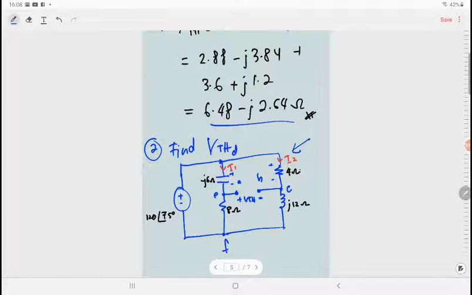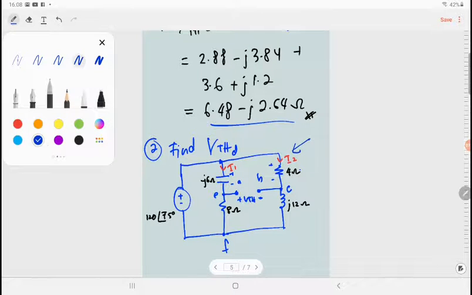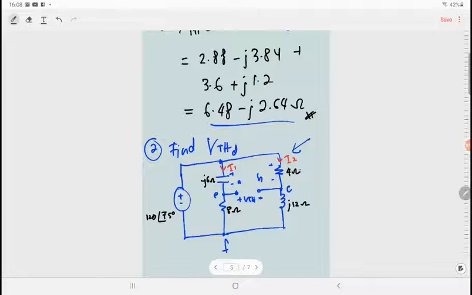This is where our VTH is, at terminal AB, V open circuit at terminal AB. Therefore, by calculating the value of current I1 and I2, we can know the value of VTH.